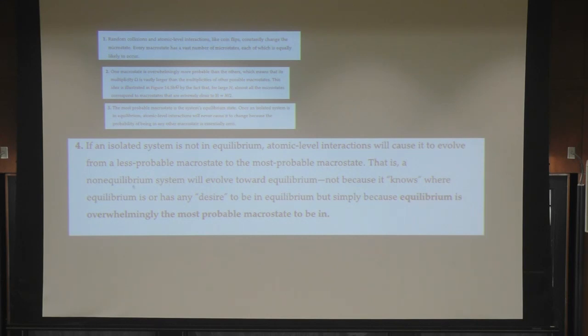A non-equilibrium system, such as dye dropped in water, will evolve toward equilibrium, not because it knows where equilibrium is or has any desire to be in equilibrium, but simply because equilibrium is overwhelmingly the most probable macrostate to be in. And why is it the most probable macrostate to be in? Because of the mathematics of the conservation laws. The conservation laws that apply to all these tiny systems with a huge number of interacting pieces give us this emergent entropy and this probable macrostate from the multiplicity of the microstates.